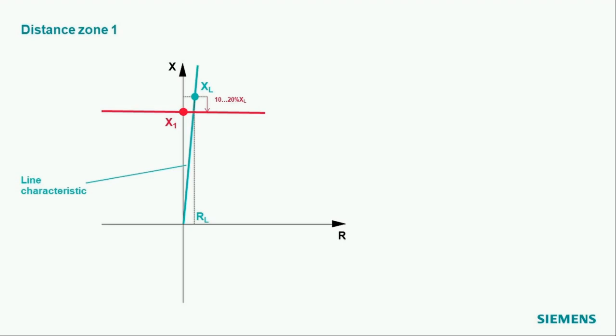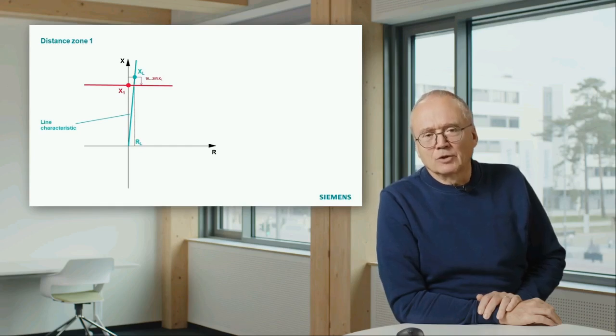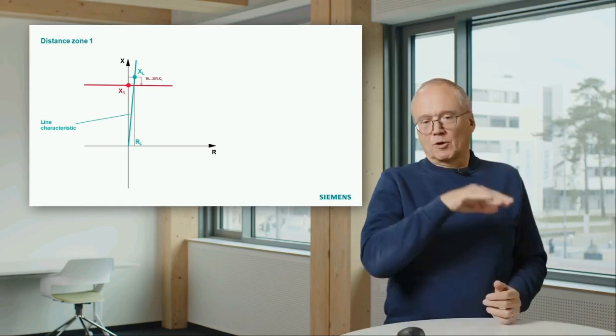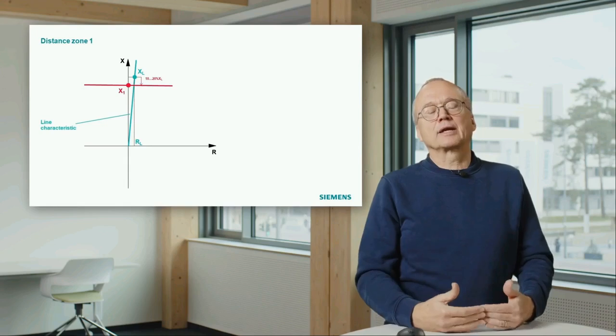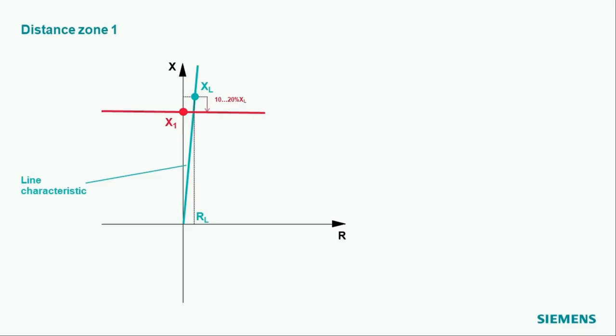What you typically do to cover possible measurement errors is make it 10 to 20% lower. That means you set this horizontal limit not to 100% of the line reactance, but for instance to 85% of the line reactance.